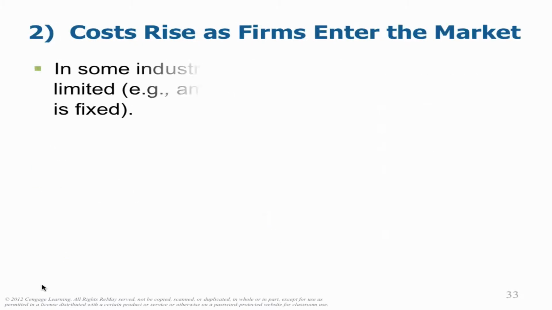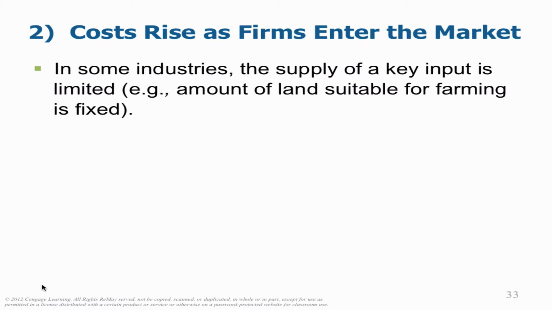Okay. What happens when costs are rising as firms enter the market? So, in some industries, the supply of a key input is limited. Let's say I make motherboards. What precious metals are in the motherboard of your computer, phone, tablet, etc.? Silicon, copper, gold, fair amount of gold.